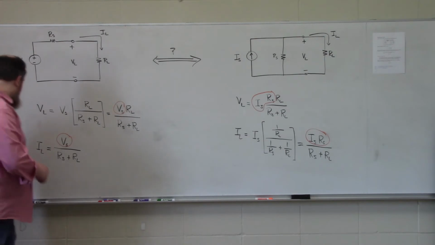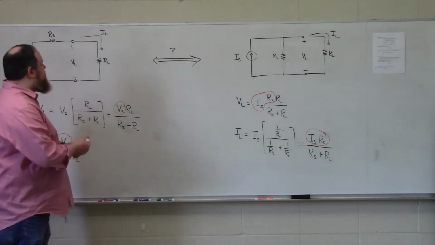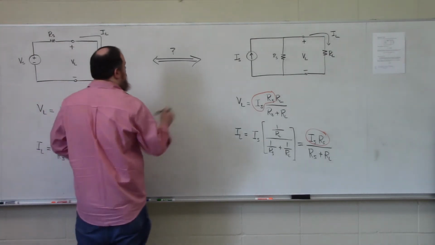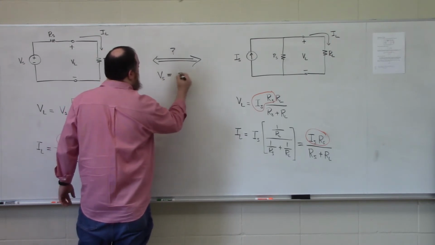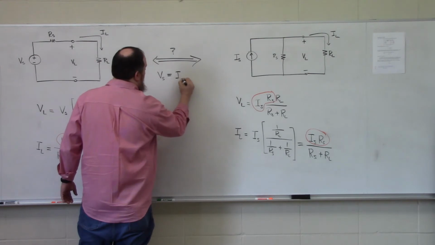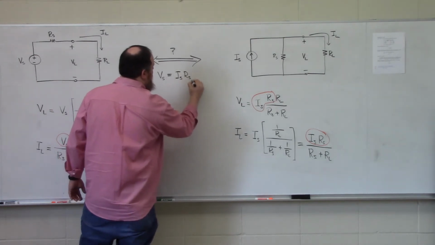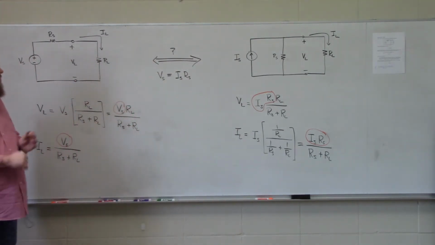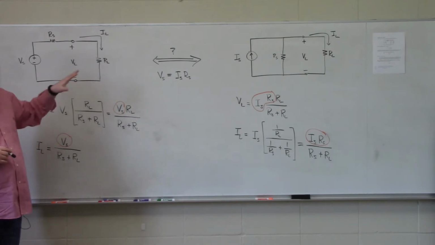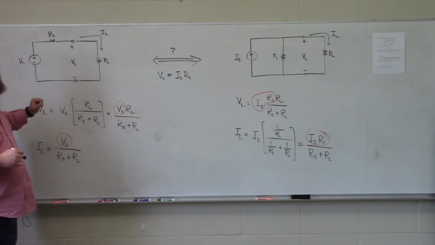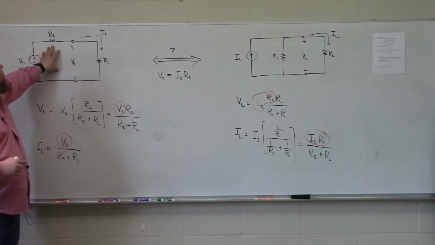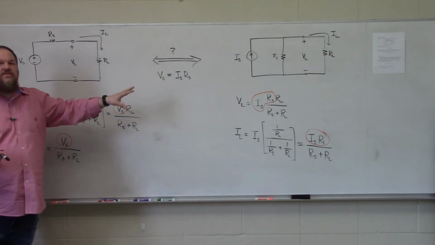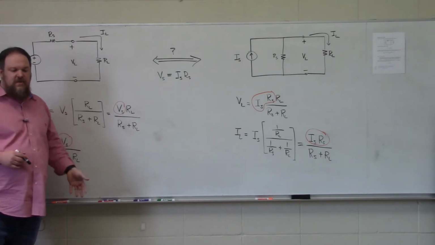So this gives us the simple relationship that these guys are electrically equivalent when Vs is equal to Is times Rs. So under that specific condition, I can replace, from the perspective of a load resistor, a practical voltage source with a practical current source and lose no information whatsoever.